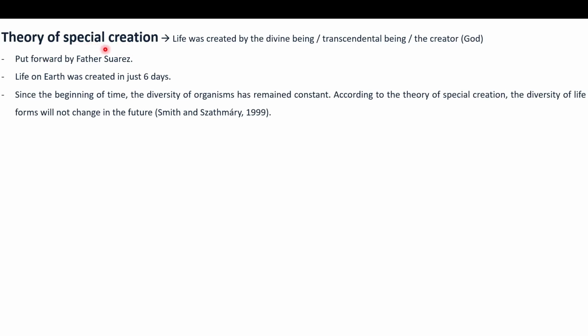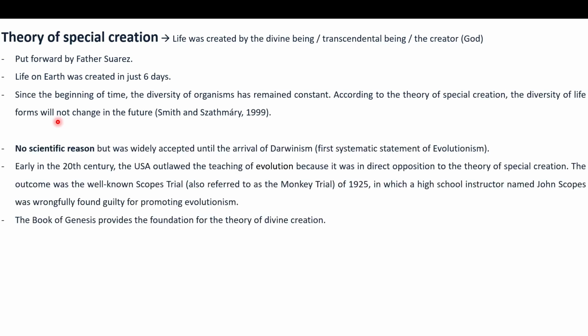It was mostly put forward by Suarez, and the special creation theory said that life was created by some kind of divine being, and it was created in just 6 days. Since the beginning of time, the diversity of organisms has remained constant, and according to this theory, the diversity of life forms will not even change in future. So this is what the early thinkers suggested.